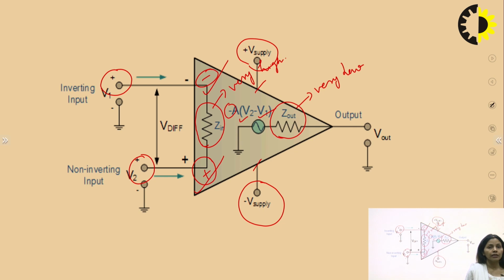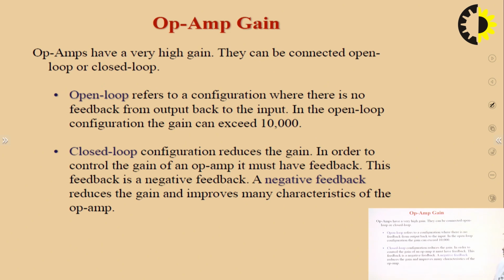The plus V and minus V are given to the op-amp just to ensure the proper functioning of the op-amp. The input impedance between the negative and positive terminal is very high, and the output impedance is very low. So here now we will see the op-amp concepts.